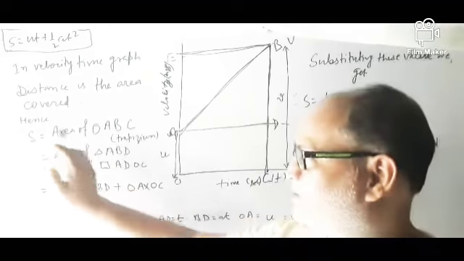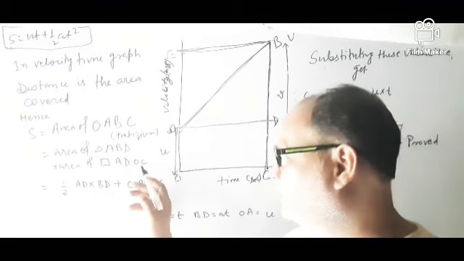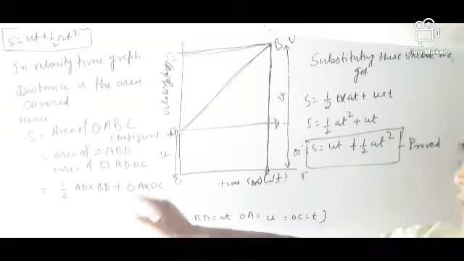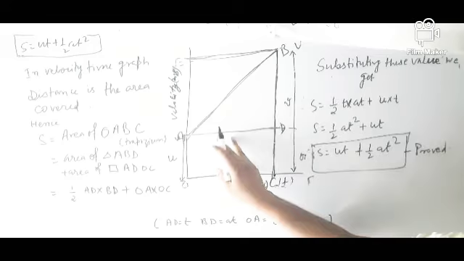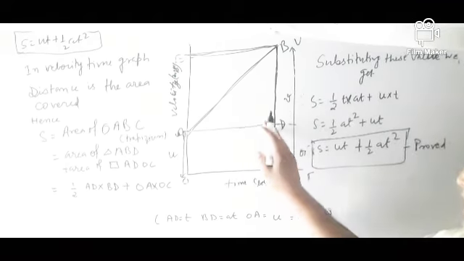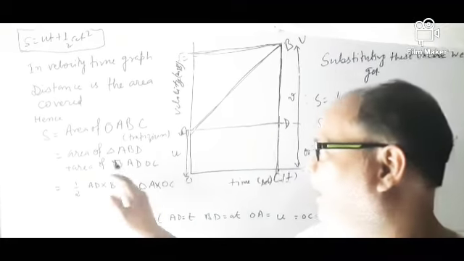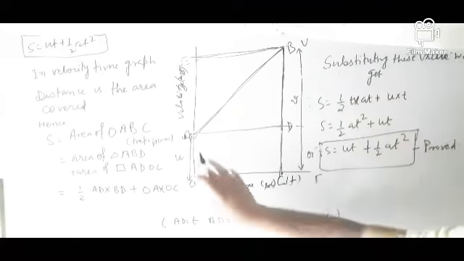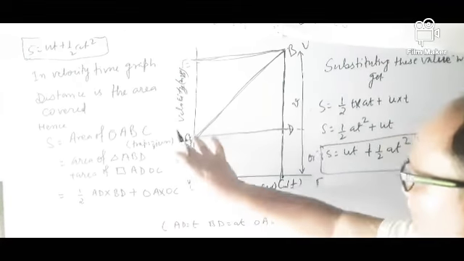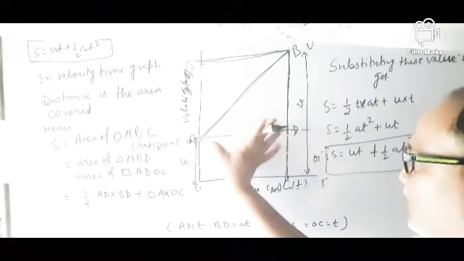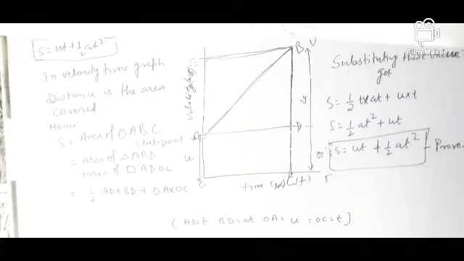So S is equal to area of triangle plus area of rectangle. The area of triangle is half into base into height, where the base is AD and the height is BD, and the area of rectangle is length into width, where length is OA and width is AD.